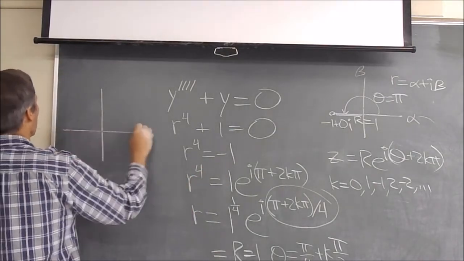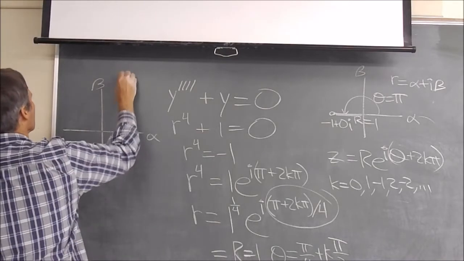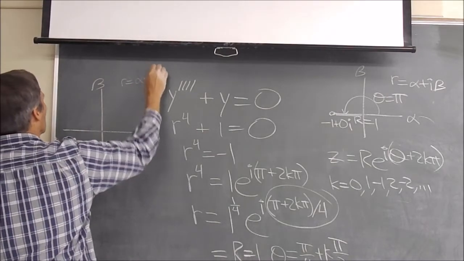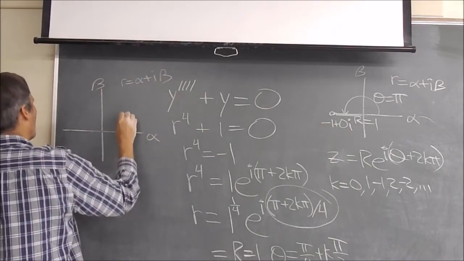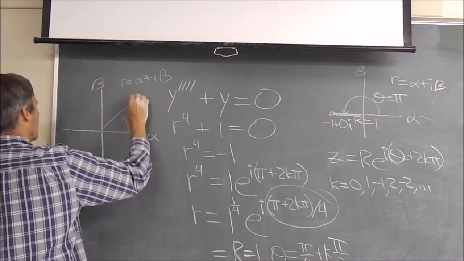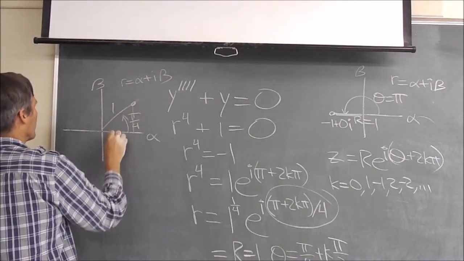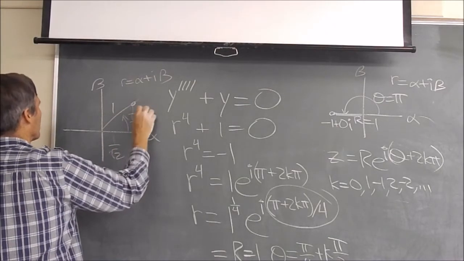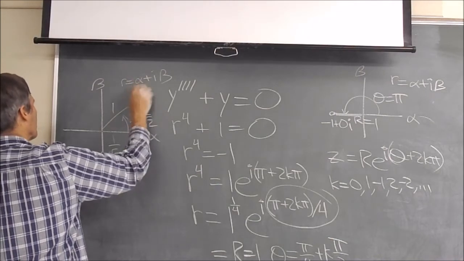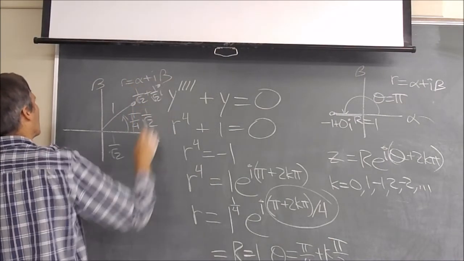In the complex plane, alpha plus i theta is r. We can go to an angle pi over 4 here and out 1 unit. And what number is that in the complex plane? Well, we went over here 1 over square root 2, and over here 1 over square root 2. So this is the number 1 over square root 2 plus 1 over square root 2 i.